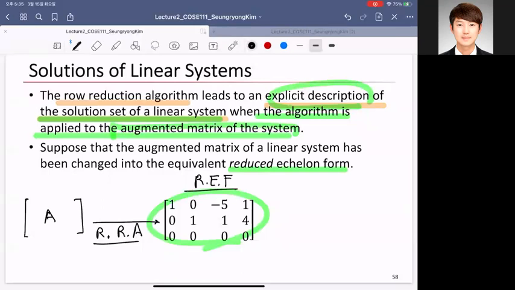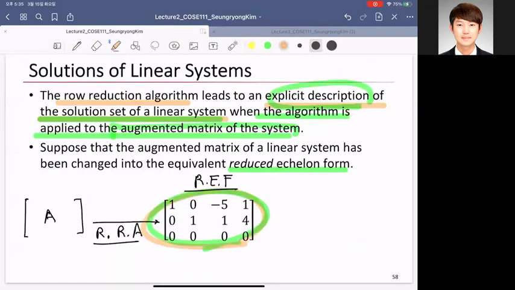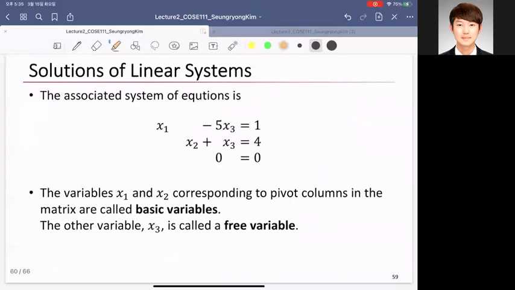Then we can derive the solution from here. In this case, our associated system of equations may be x1 minus 5x3 is equal to 1, x2 plus x3 is equal to 4, 0 is equal to 0.